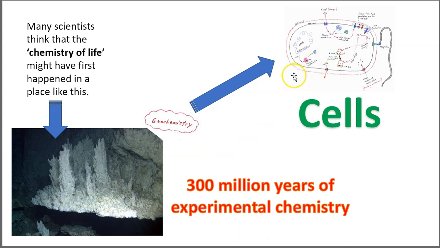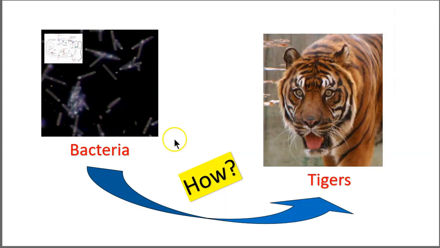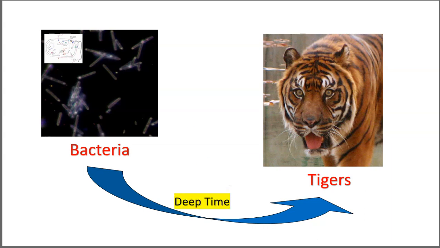But that's not the end of the story. And remember, this was 4 billion years ago. Well, since then, life has changed. And so now we have to tell the story of how do you go from a simple bacteria-like cell to a tiger or a tree or a person? How do you do that? Well, again, we have to remind ourselves about deep time.